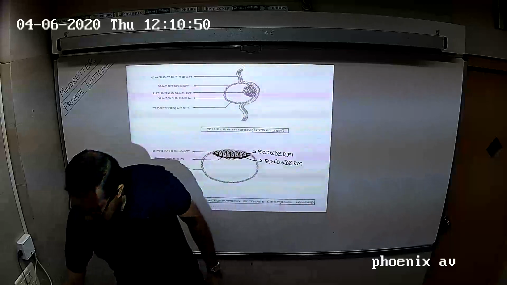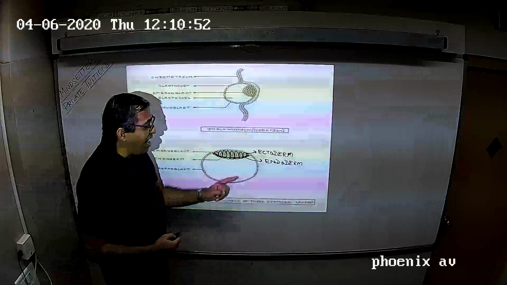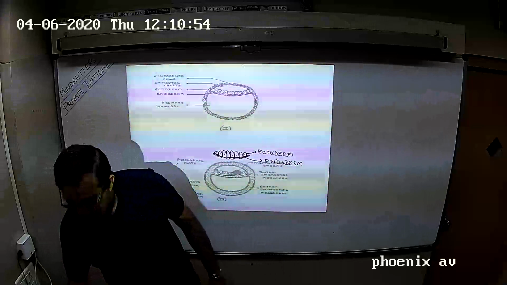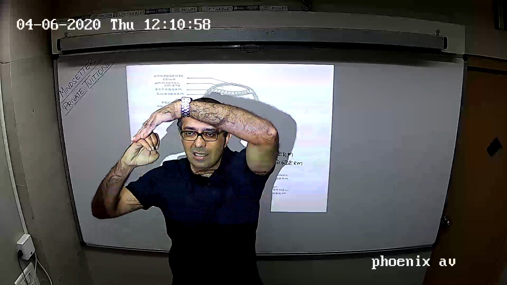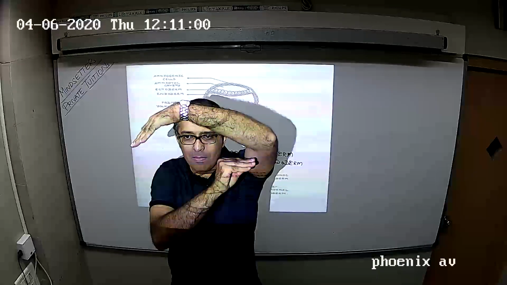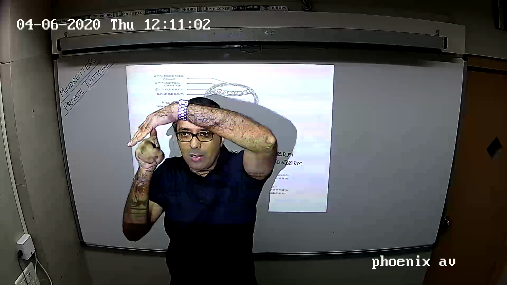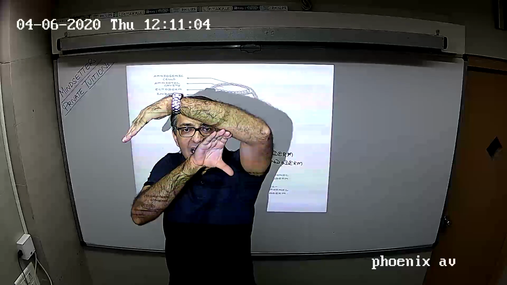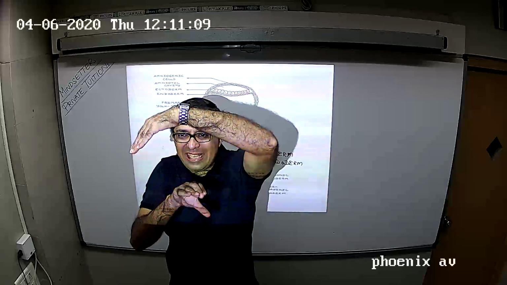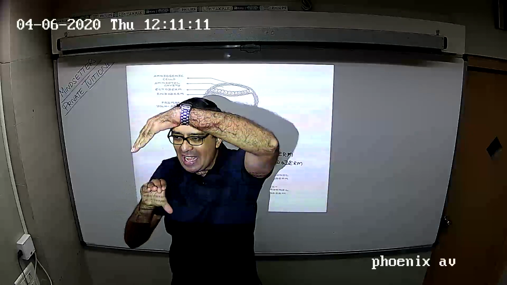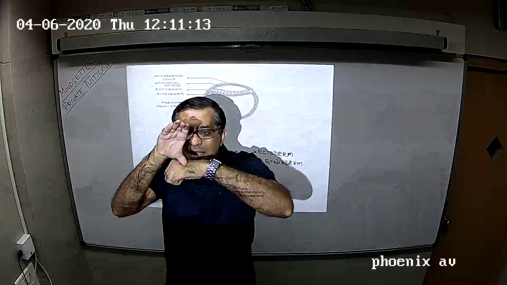Now the ectoderm cells start sinking. Trophoblast, embryoblast, endoderm, ectoderm, and ectoderm cells start sinking. As the ectoderm cells sink, it will carry with it endoderm cells.